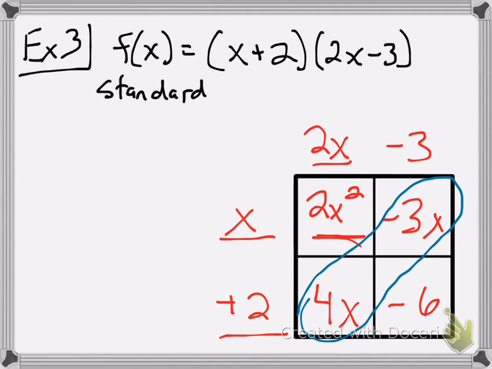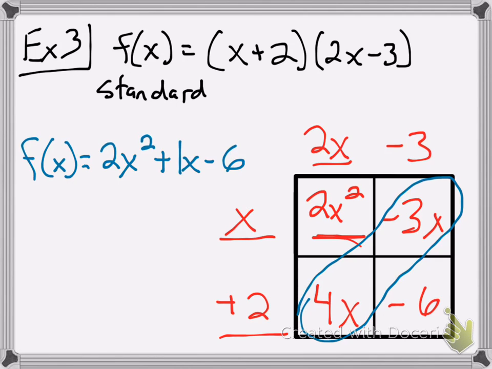So I got to combine these two guys right here. Well, 4x plus negative 3x, which is 4x minus 3x, that's 1x. So when I write this in standard form, okay, I'm going to have 2x squared plus 1x minus 6. You may have one like that on the test. It is that simple. Alright?